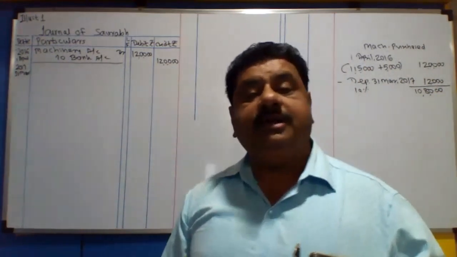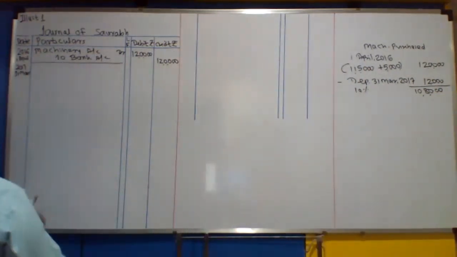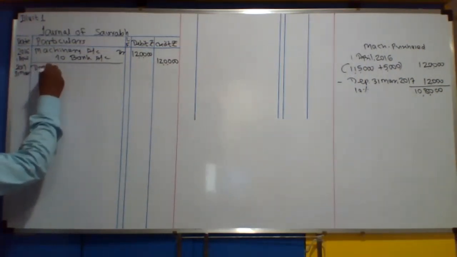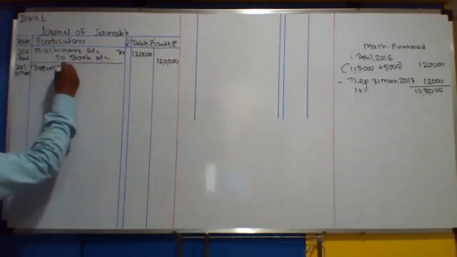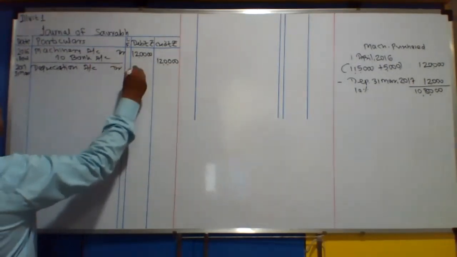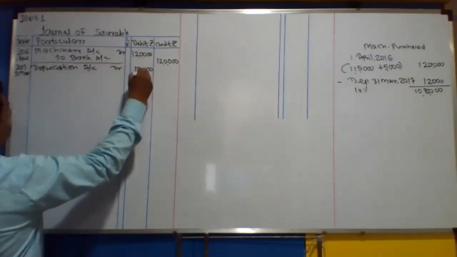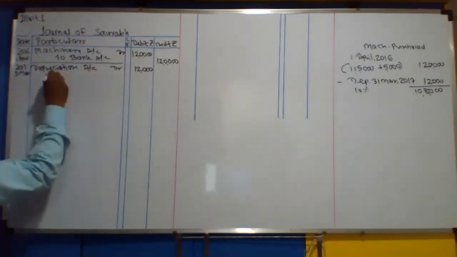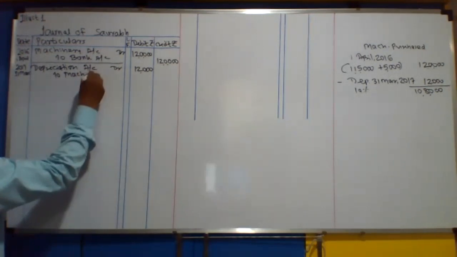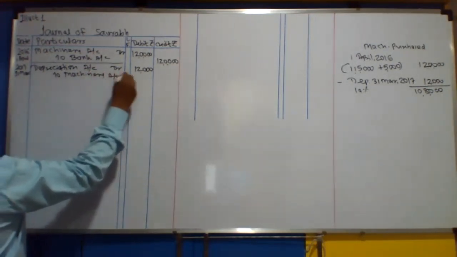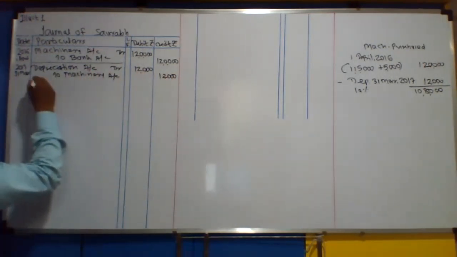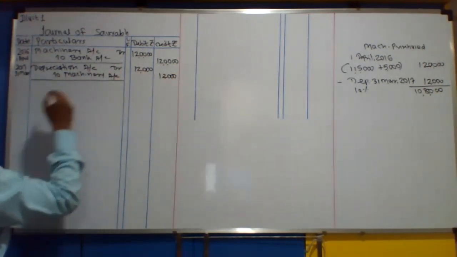Now we take the entry for charging the depreciation. Depreciation account debit 12,000 rupees, which we calculated, to machinery account rupees 12,000.